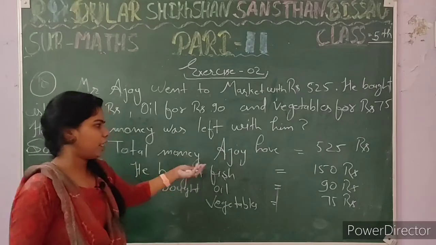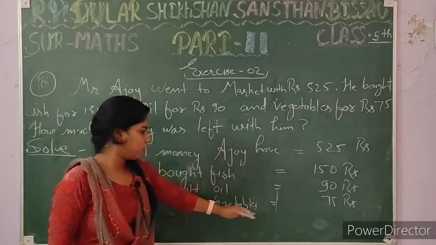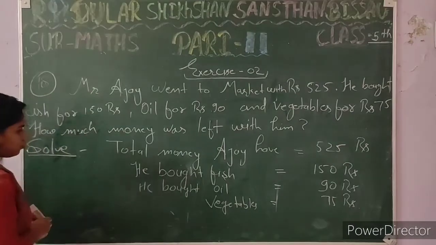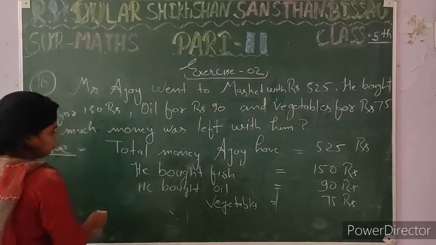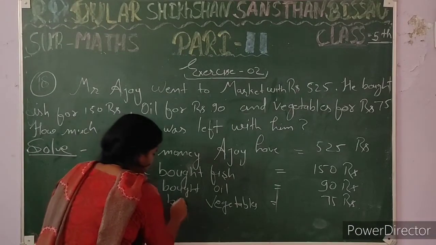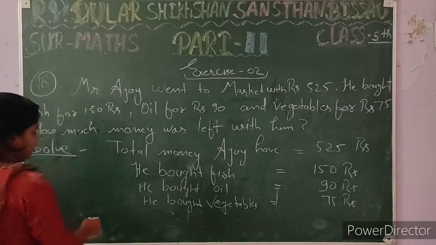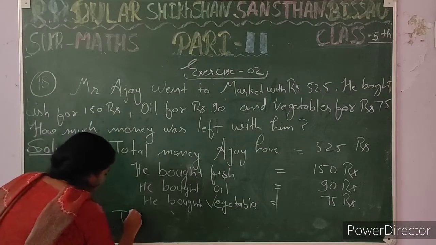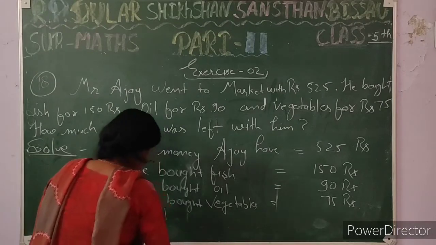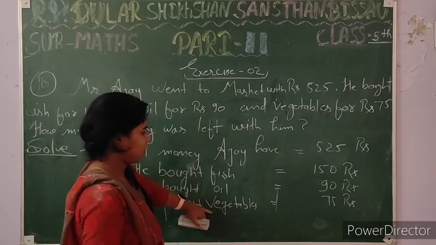If he went to market with 525, he bought these things as well as fish, oil and vegetables. So first of all we add the fish, oil and vegetables money.